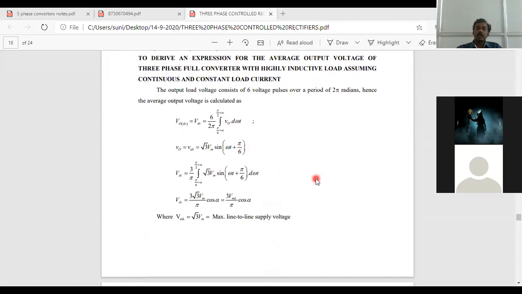Because for one cycle of a phase, you are going to have 6 pulses. So you are going to have 6 by 2 pi, integral from pi by 6 plus alpha to pi by 2 plus alpha, which is nothing but 3 root 3 Vm by pi into cos alpha.